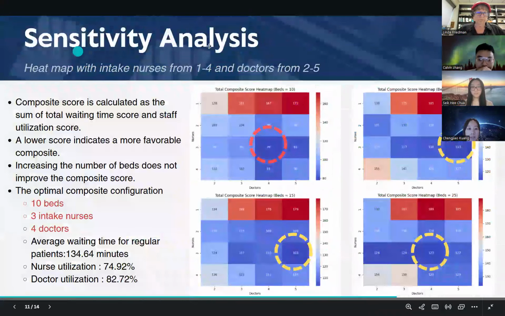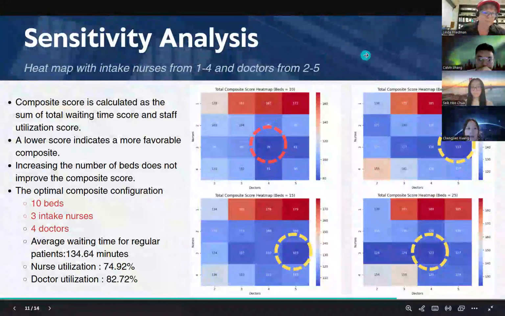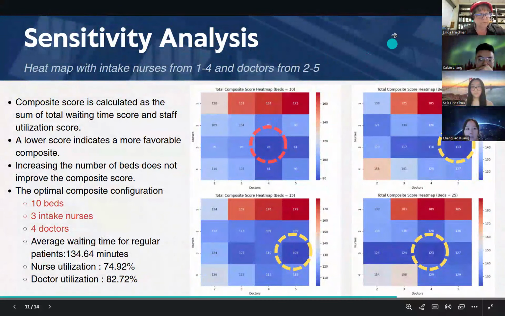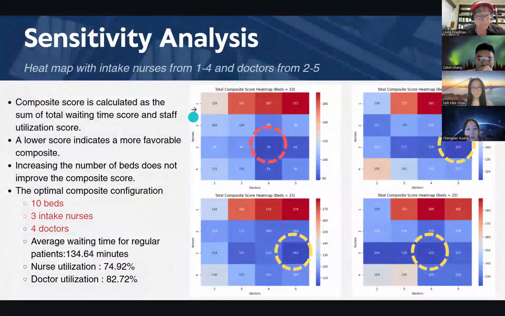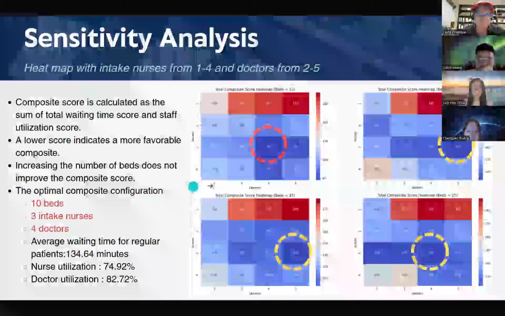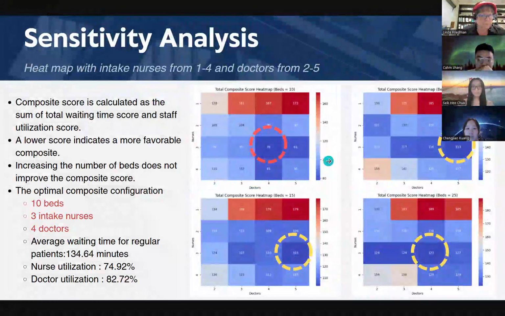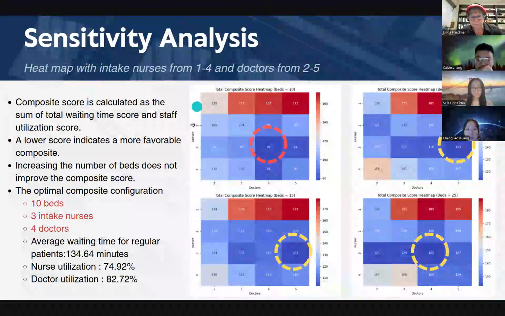We did a sensitivity analysis here, and graphed it with a heat map. It shows the range over which we can change the number of nurses and doctors for each shift to reduce the waiting time. The range of intake nurses is from 1 to 4, and doctors from 2 to 5. The composite score is calculated as the sum of the total waiting score and the staff utilization score.